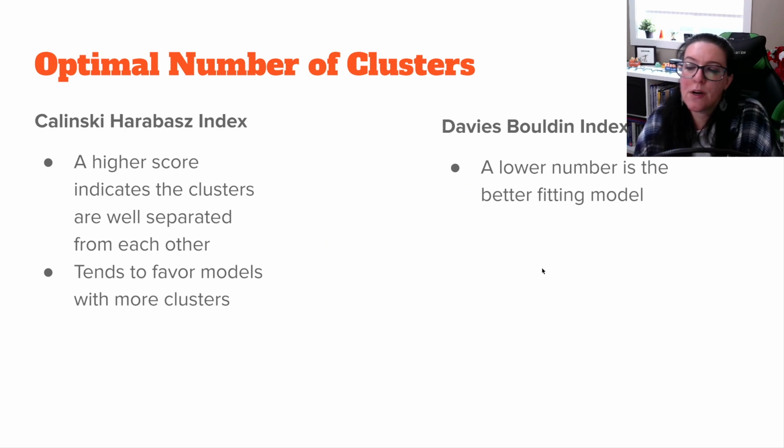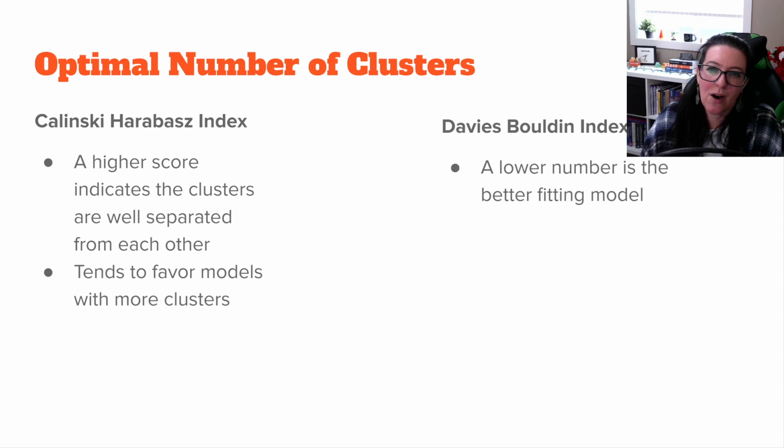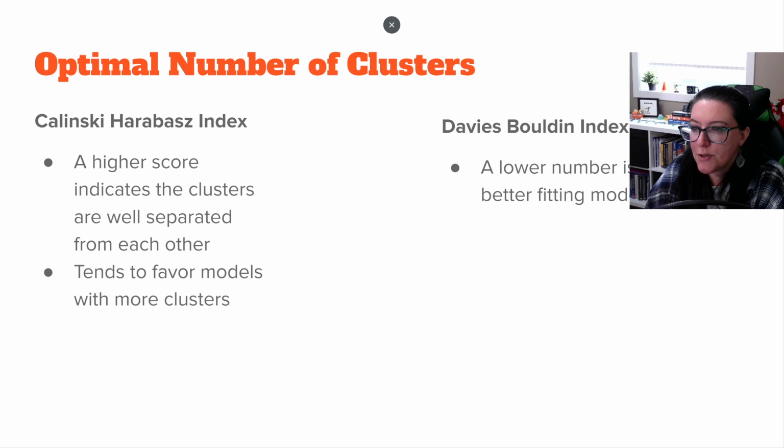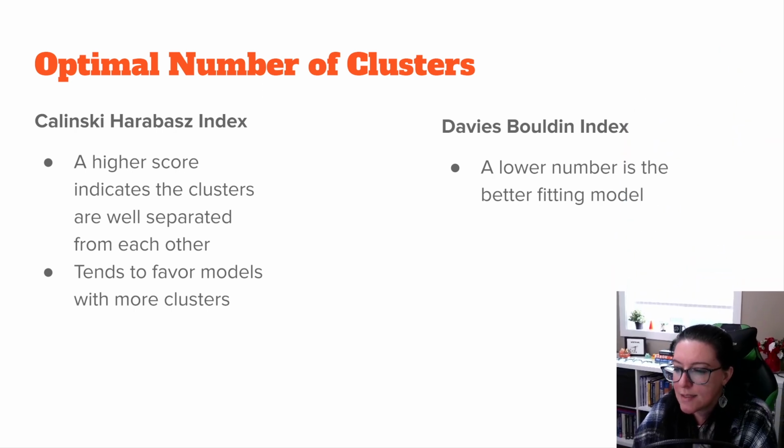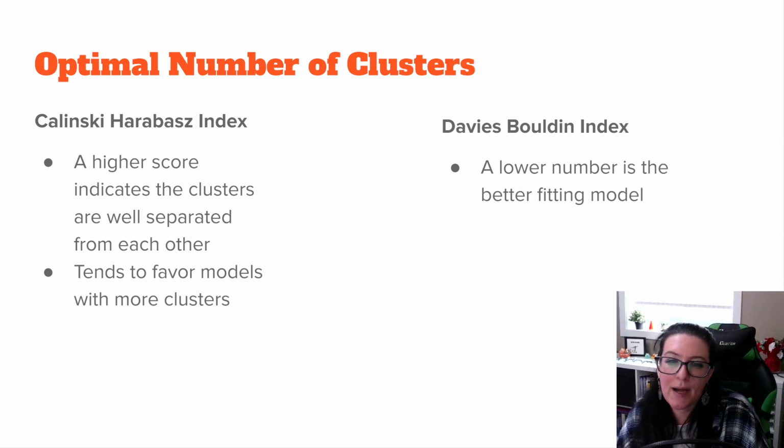There are 2 other ways to assess our cluster analysis. As we go through these different methods, we are going to be comparing our different numbers of clusters and our choices here. So the other 2 to look at are the Calinski-Harabasz Index. With that one, a higher score indicates that the clusters are well separated from each other.